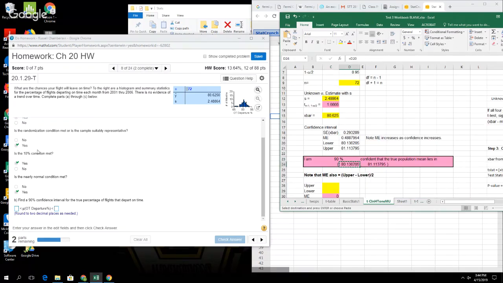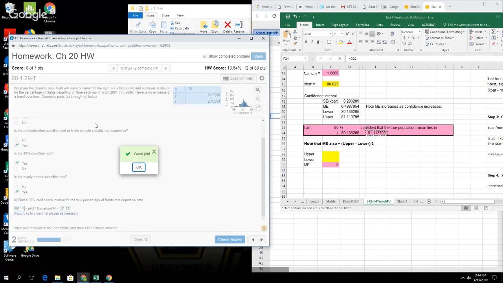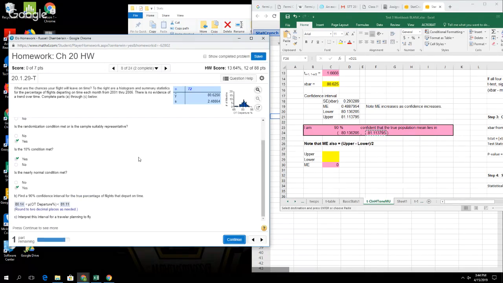I could even copy, paste, and then round to 2 decimal places. So I round to 4, 0.14. I could even control copy, paste, and round to 1. So nice. That's so nice.